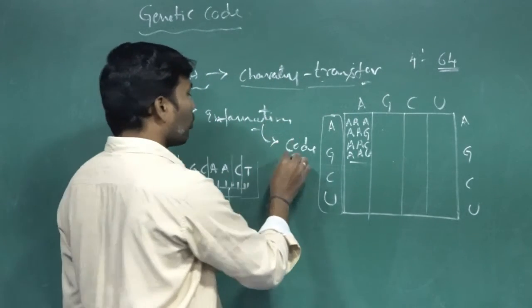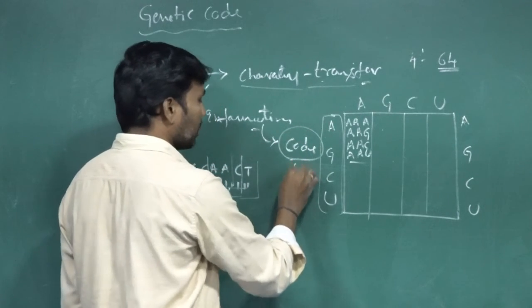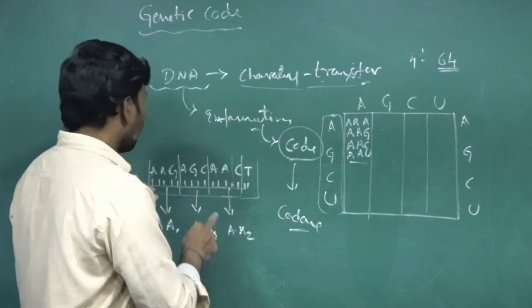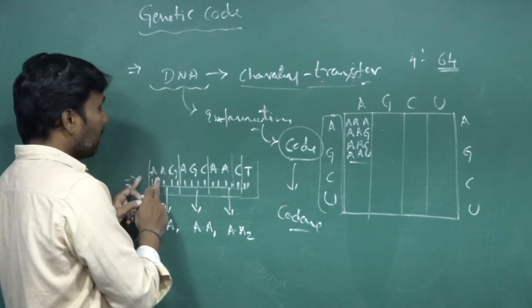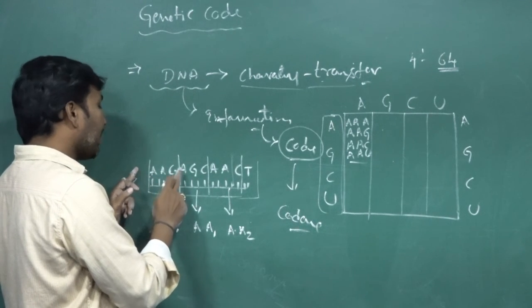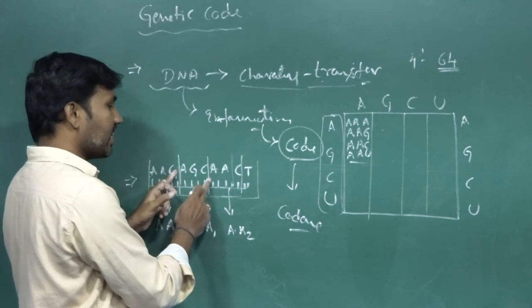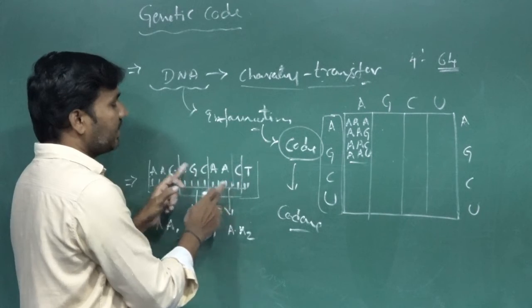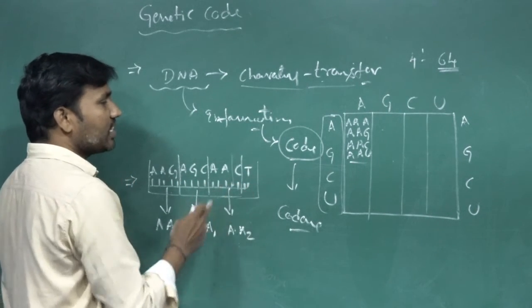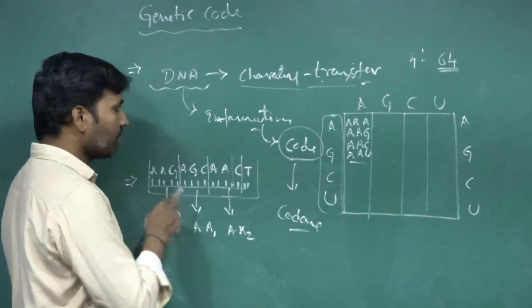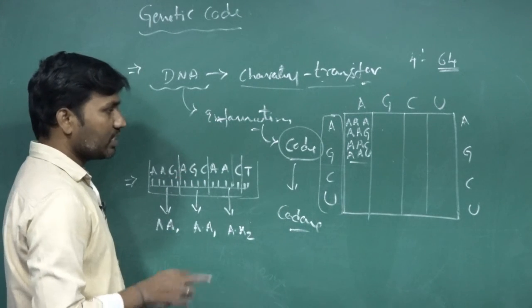These codes are called codons. Each code is called one codon. That means in the mRNA, whatever 3 nitrogen base sequence is present continuously is called one codon, and the next is called another codon, and so on. Like this, 64 varieties of codons are formed from these 4 types of nucleotides in the mRNA.